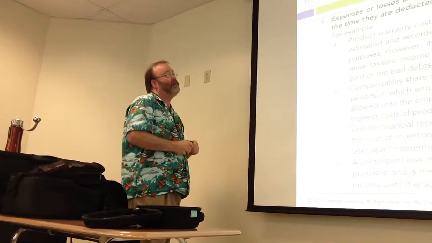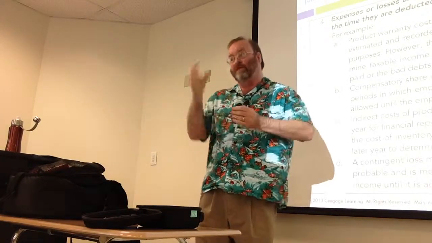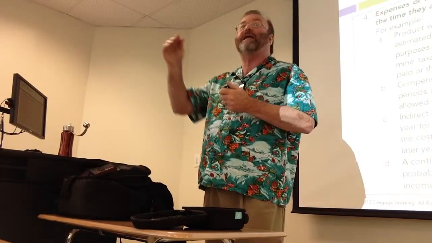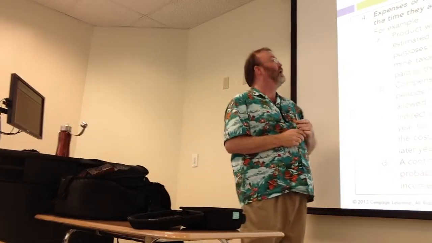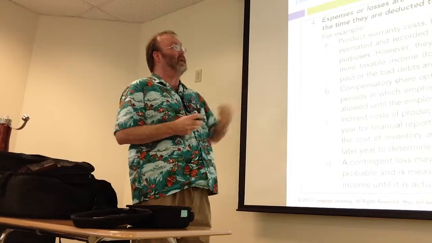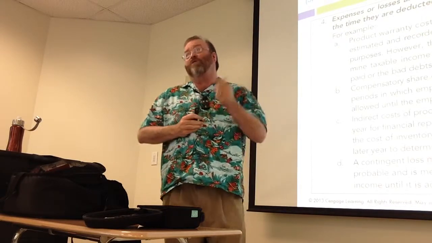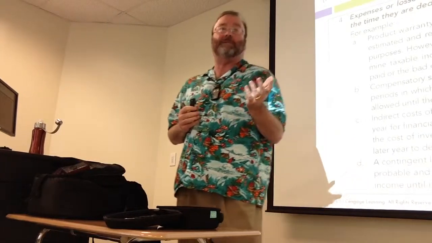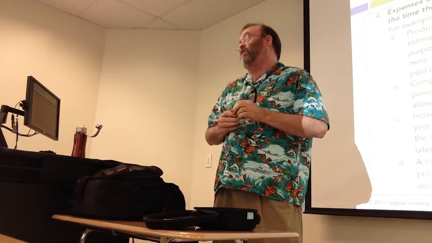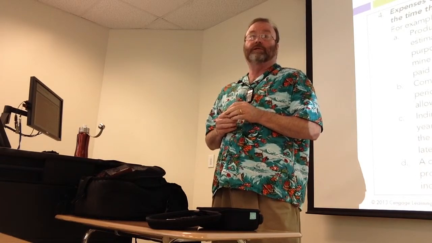And then the last type of temporary difference is an asset. This is paying taxes up front for an expense that is going to occur down the road. Warranty costs, bad debt. Bad debt's a great one. For financial purposes, we accrue a debit to bad debt expense, and then we create a contra asset account, the allowance for doubtful accounts.